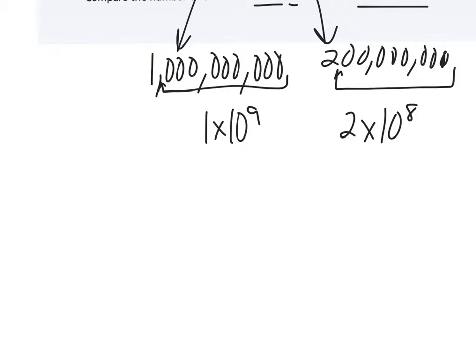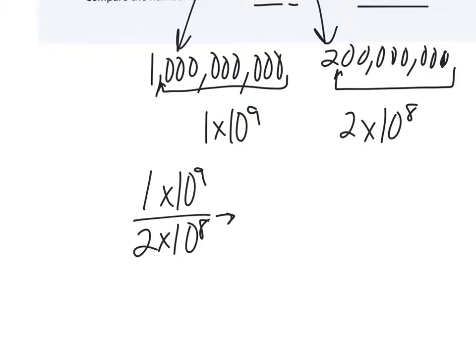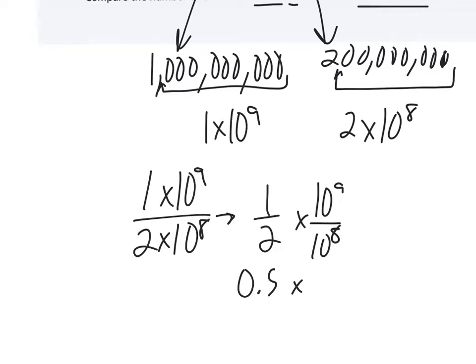If we compared them with scientific notation, then we could do this. 1/2 is the same as 0.5 or 5/10. And then 10 to the 9th divided by 10 to the 8th would be 10 to the 1st. So if you have 5/10 times 10, that moves your decimal over 1 spot, which would be 5.